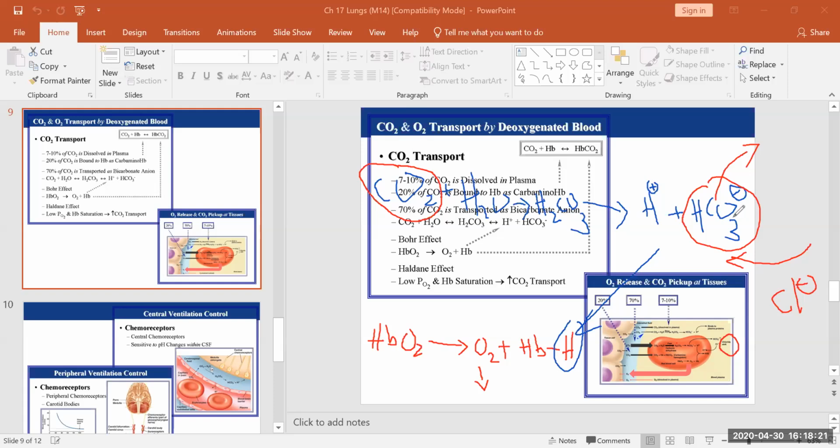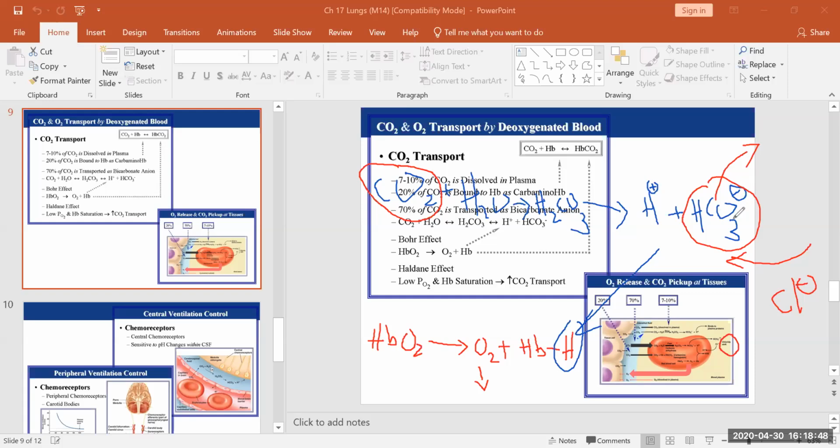It becomes bicarbonate. It leaves the red blood cell as bicarbonate. So CO2 comes into the red blood cells as CO2, but it leaves the red blood cell as bicarbonate, HCO3 minus, and it's being transported all the way to the lungs as HCO3 minus, 70% of it, okay?